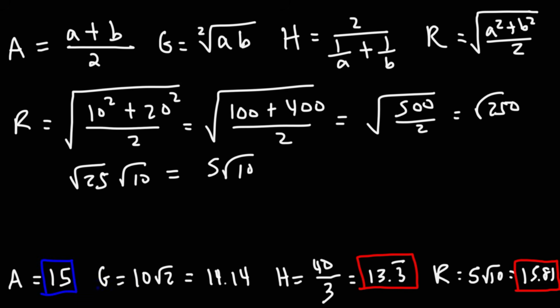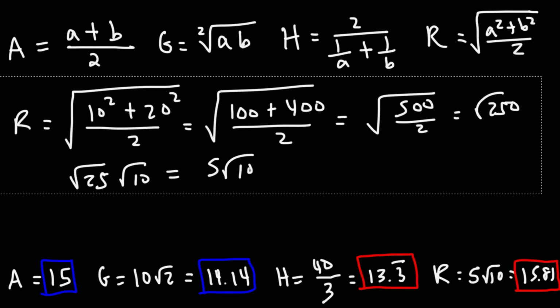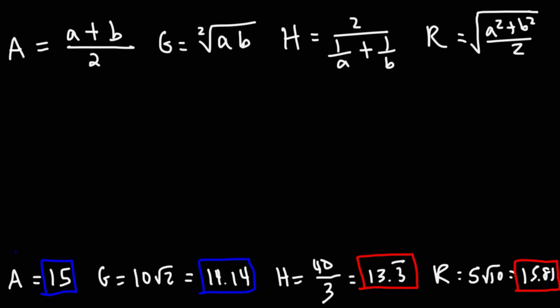And so we could rank these four. So the harmonic mean is going to give us the lowest. The geometric mean, 14.14, that's between the harmonic mean and the arithmetic mean.